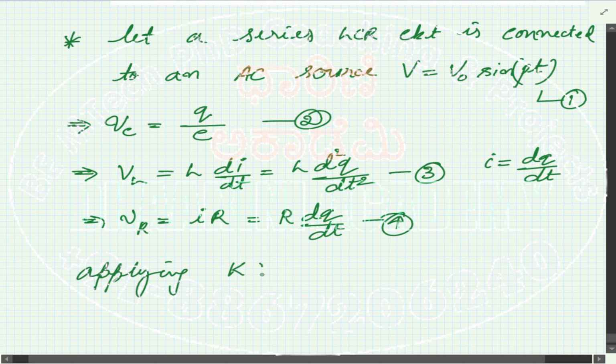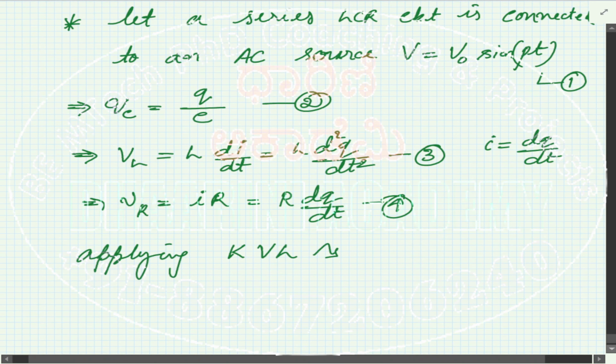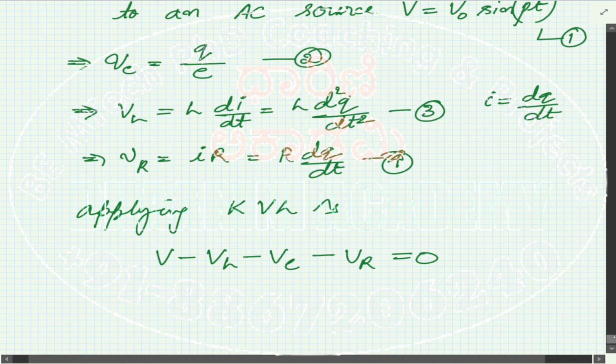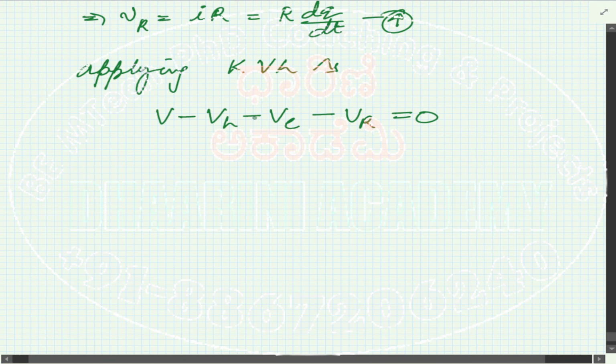Applying Kirchhoff's voltage law to this, we can see that the supply voltage V minus the first term, the inductor VL, minus the voltage across the capacitor, minus the voltage across the resistor, is equal to 0. I'll take the negative terms to the right side. So this implies I can write VL plus VC plus VR is equal to V.